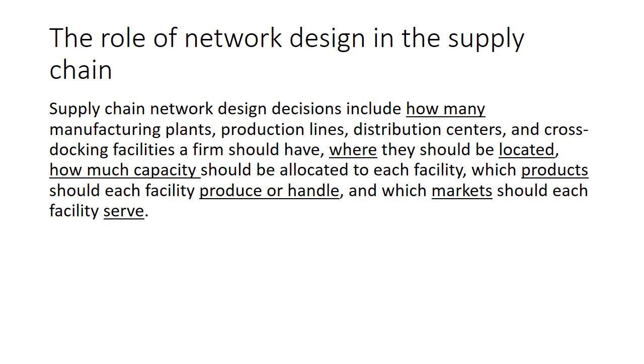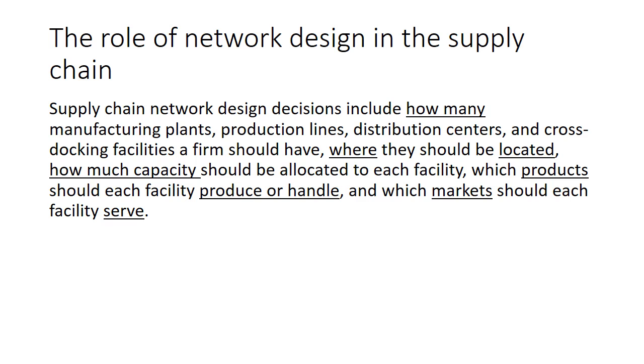So you see, facility location decisions have a long term impact. Let's move on to the allocation of capacity. Allocation of capacity to facilities can be altered more easily than location. The location decision is not easy to alter, but capacity decisions can be altered.